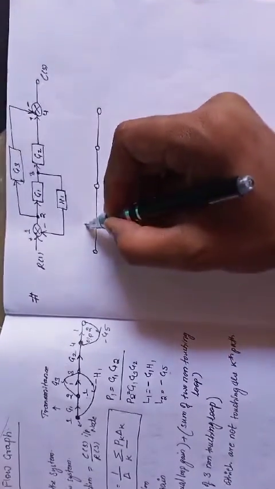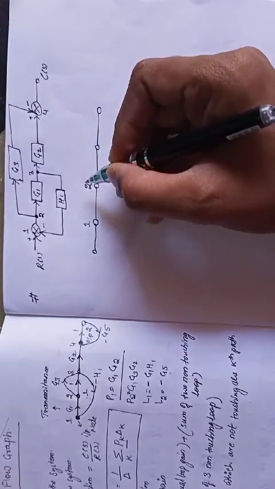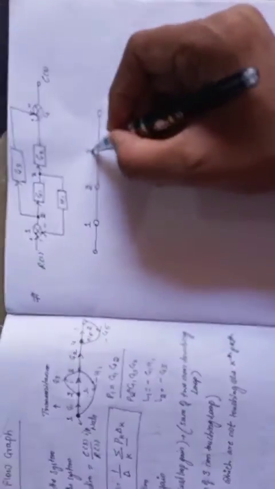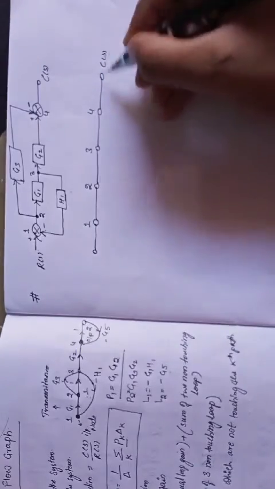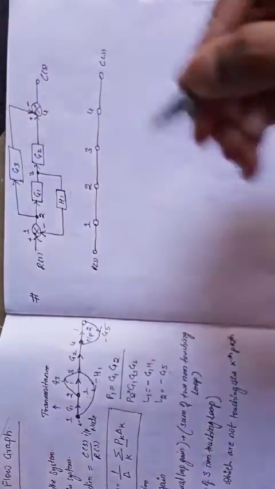This is summing point number 1, this is branch point number 2, this is 3, and this is 4. This is the input node R(s), and this is the output node C(s).